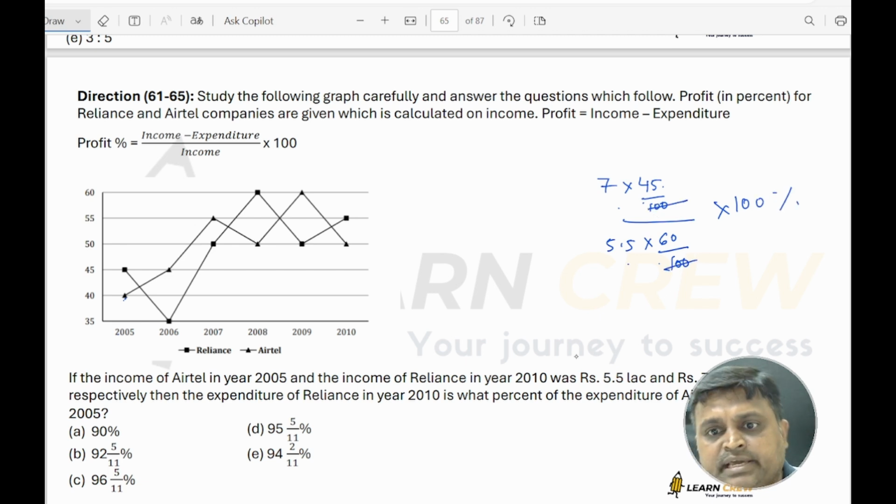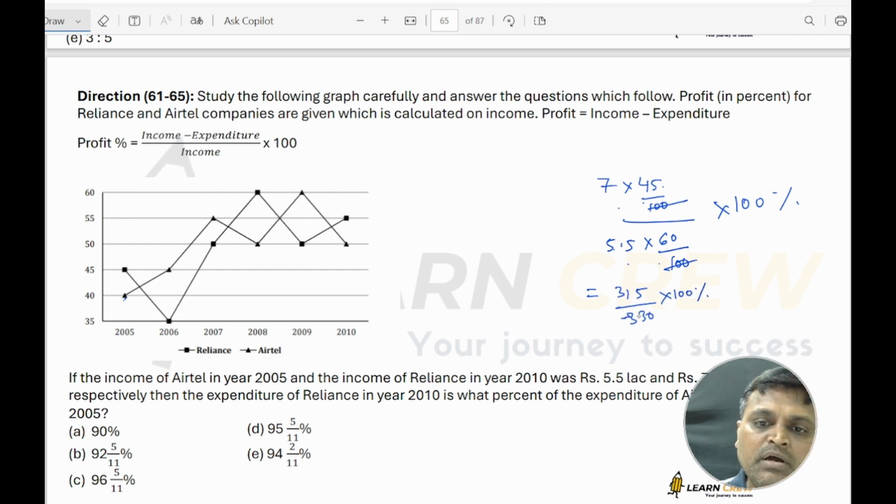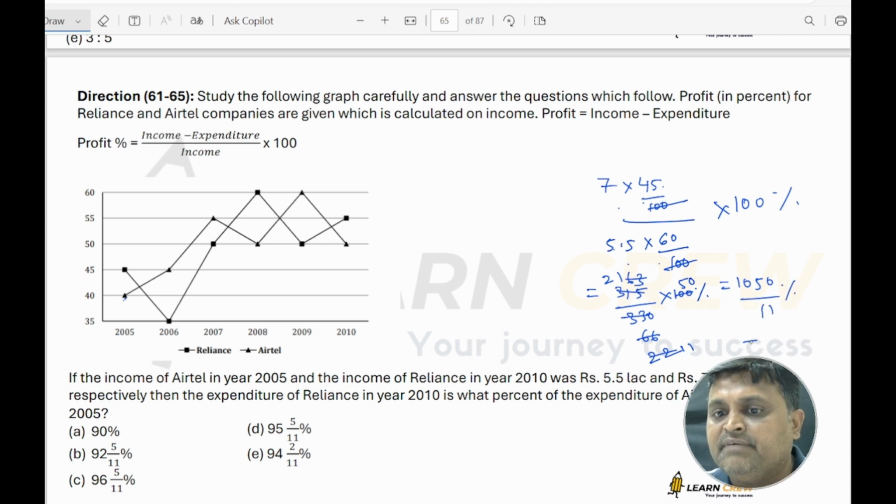Now 7 fours are 45, 7 sevens are 315. 315 divided by 330 into 100, which simplifies to 1050 divided by 11, which is 95 5 by 11%. So the answer is option D.